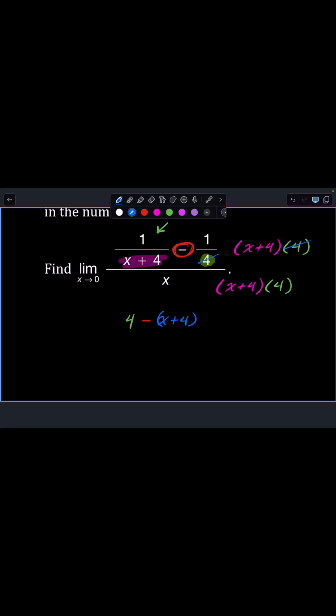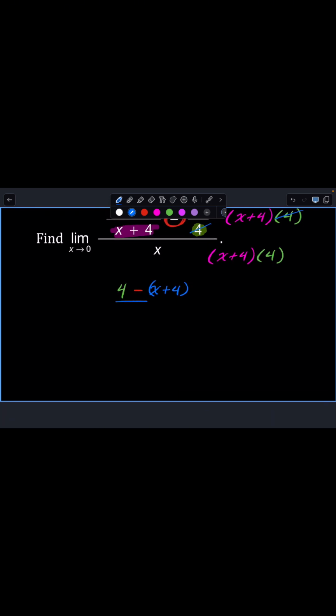Because that whole thing is being subtracted. And in the denominator, I have x times 4 times x plus 4. So I'm going to rewrite that a little bit. 4x times x plus 4. I didn't really distribute anything. Does that make sense, guys?